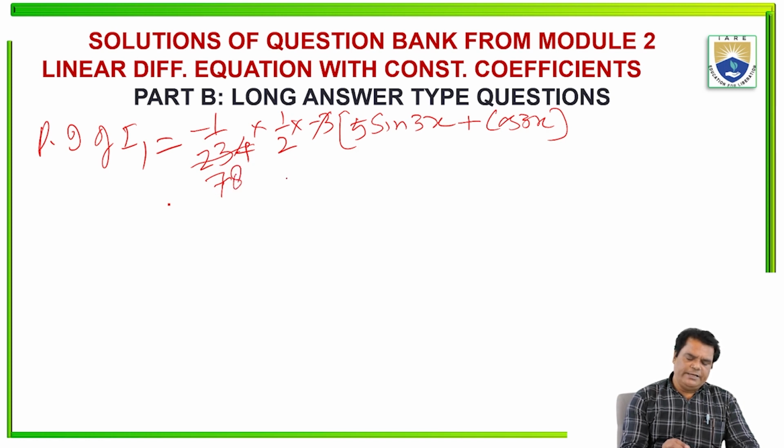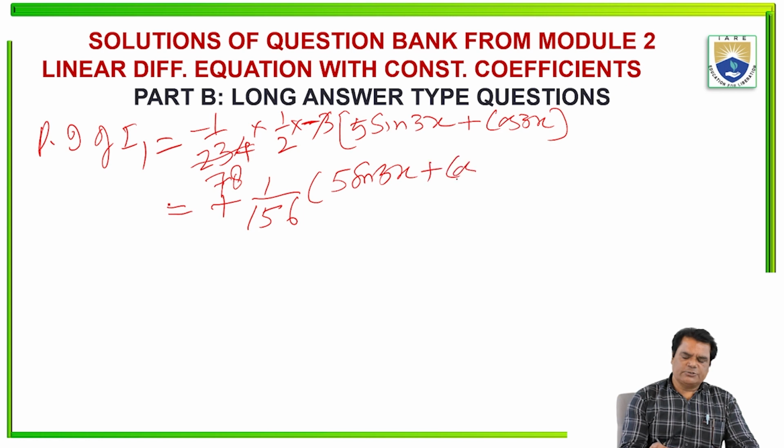So multiplying by 2, 2 8s are 16, so 1 upon 16, 2 7s are 14, means 50. And here 5 sin 3x plus cos 3x. This is the PI of I1.